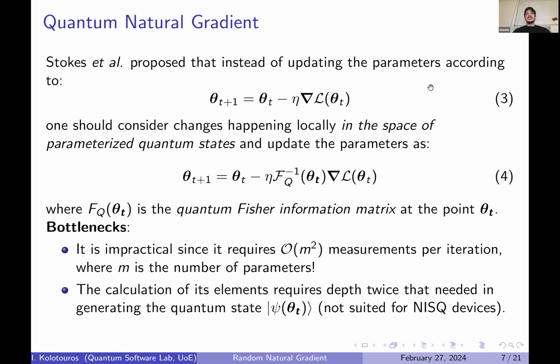And not only that, if your circuit that generates a quantum state psi of theta requires a depth d, then in order to calculate the elements of the quantum Fisher information, you need twice the depth, which is really bad for current quantum devices.